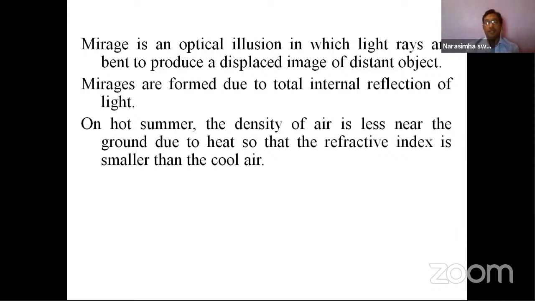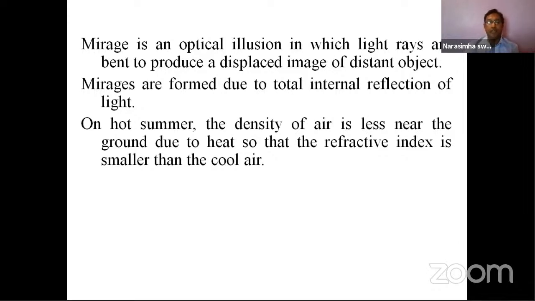So at what situation does it usually happen? Near the surface of the earth, because the earth gets hot during summer. Earth gets too hot. So the atmosphere near the earth, due to this hotness, the density decreases.